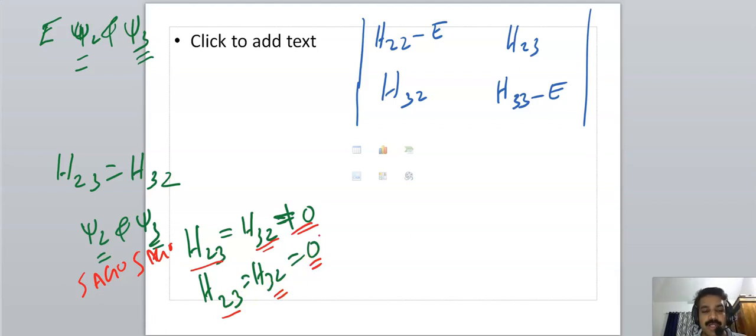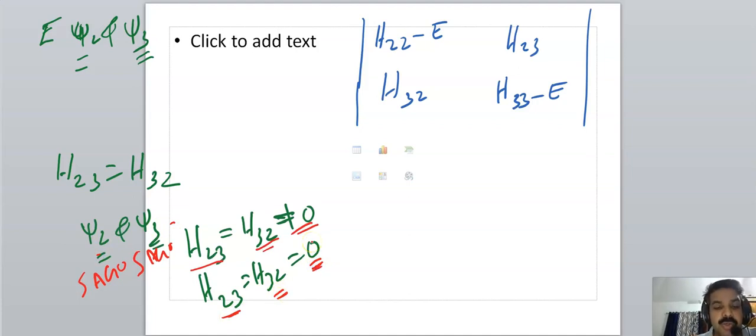So how can we understand whether they interact or not? We want to calculate H23 or H32. Both are the same, so we only need to calculate one. If psi 2 and psi 3 are themselves SILCs, they do not interact, and their integral H23 or H32 is equal to 0.